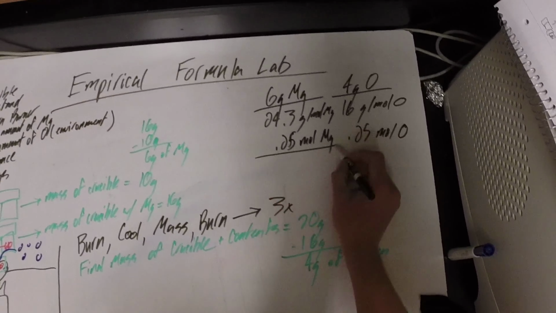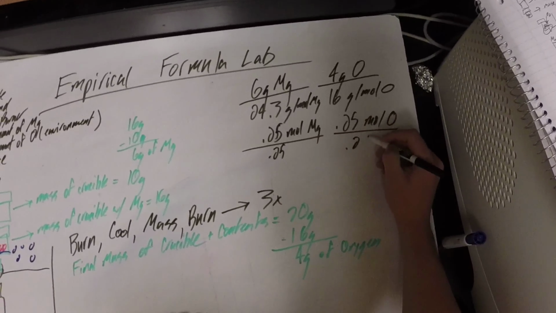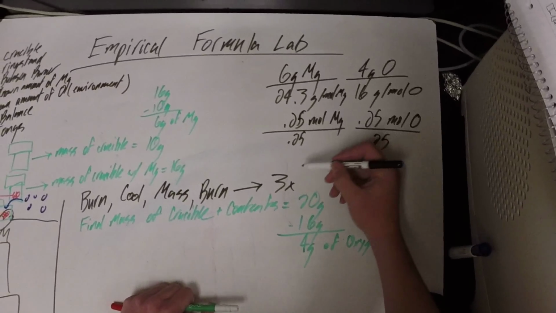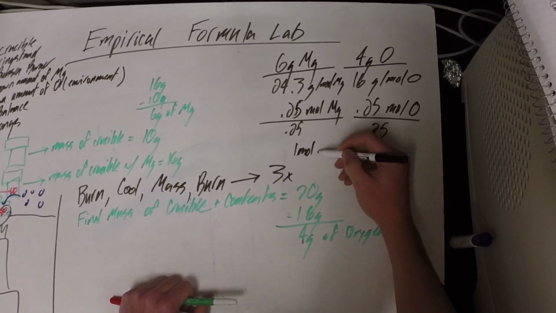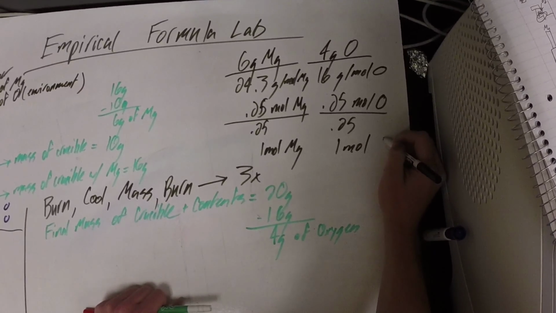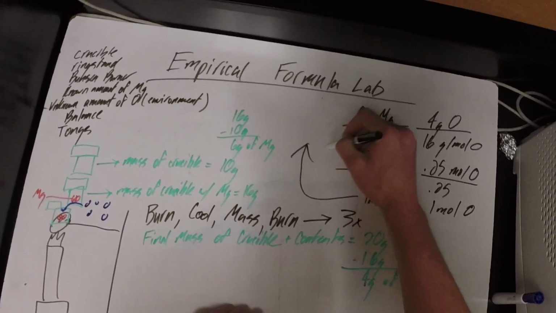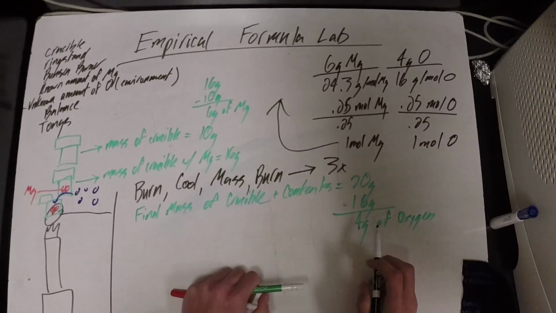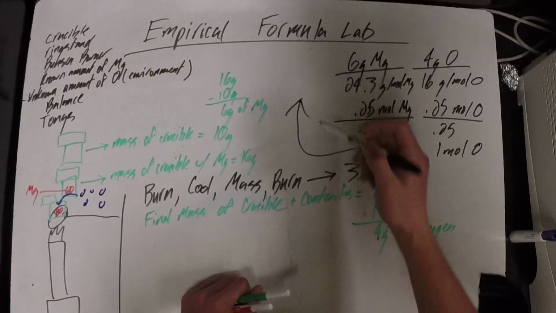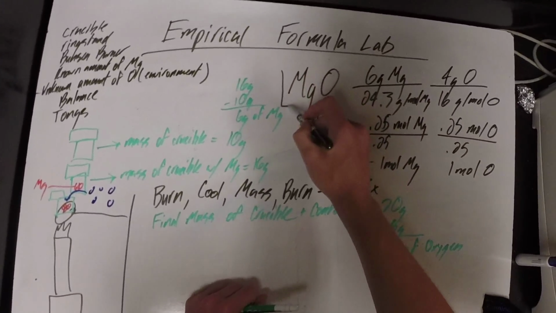And you'll divide that by the smallest, and in this case they're both the same, so you divide both by 0.25, and you'll get 1 mole of Mg and 1 mole of oxygen. And this simply means that your formula for your substance in the crucible is MgO. So that's how you do that.